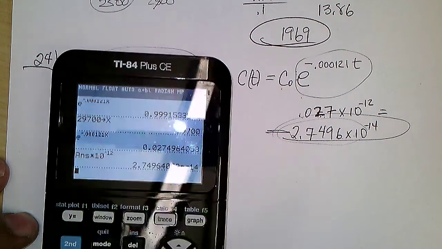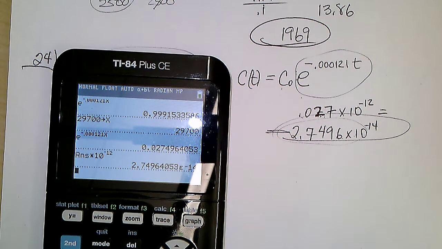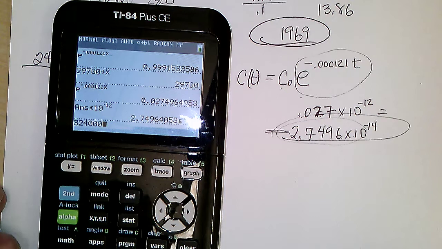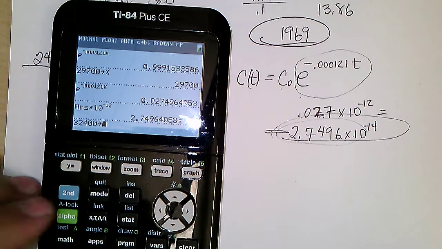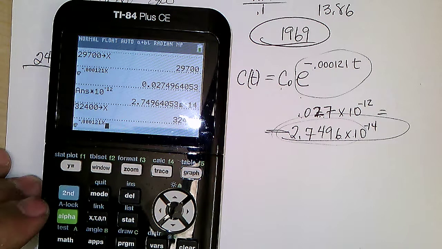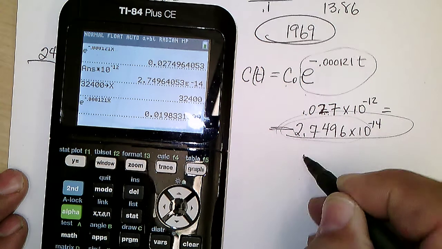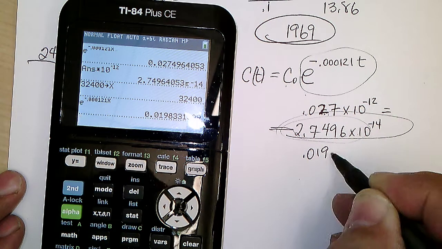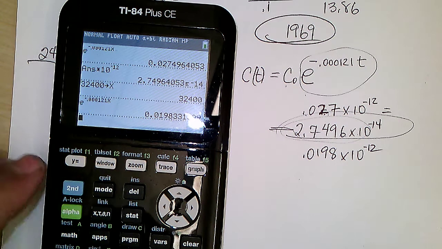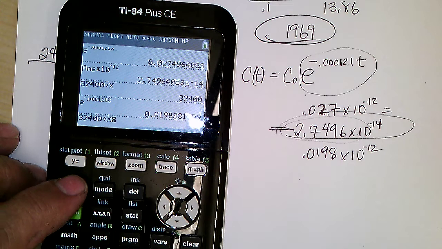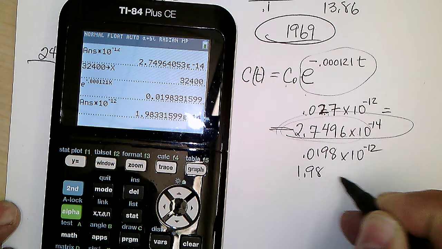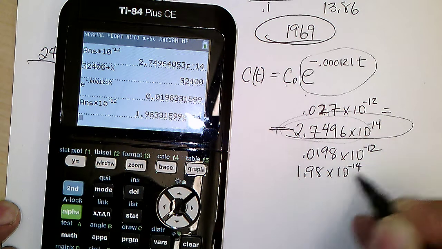And for the other end, we'd have to go back here with X being, what was it, 32,400. Store in X, and then I can go back and figure out that with that X, and that would be 0.0198 times 10 to the negative 12, which is 1.98 times 10 to the negative 14.